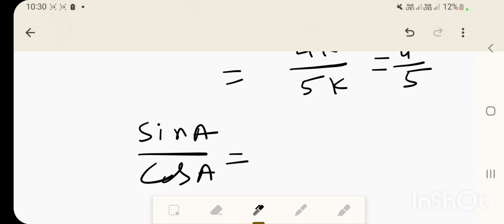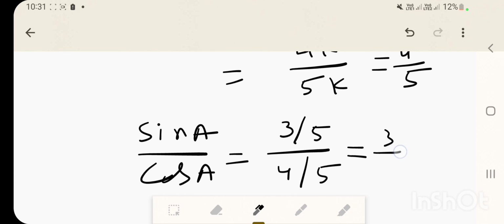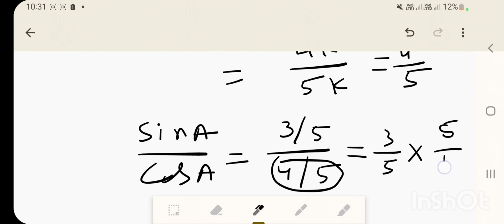Now if you take the ratio of sin A by cos A, sin A is 3 by 5, cos A is 4 by 5. In the denominator we have 4 by 5; taking the reciprocal, it goes into the numerator and we get 5 by 4.